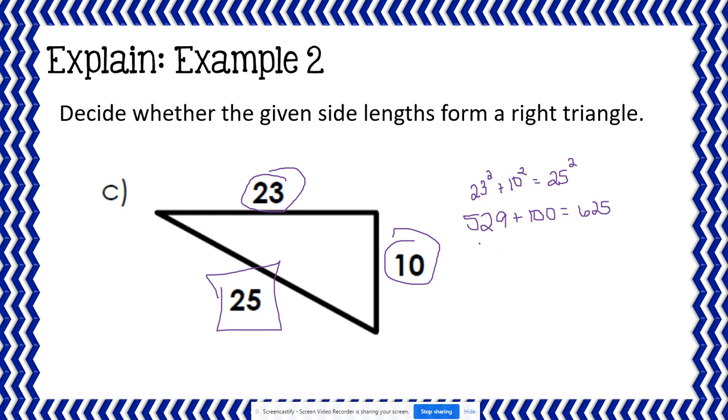Then we would add 529 plus 100, which gives us 629. So now I have 629 equals 625. I know that that is not a true statement, so this is not a right triangle. It does make a triangle, just not a right triangle.